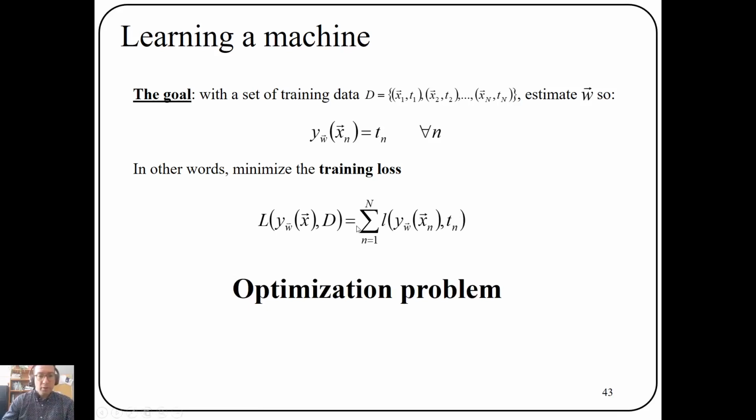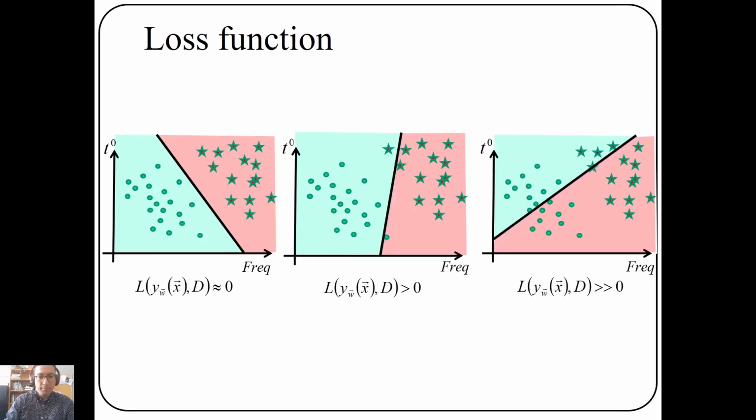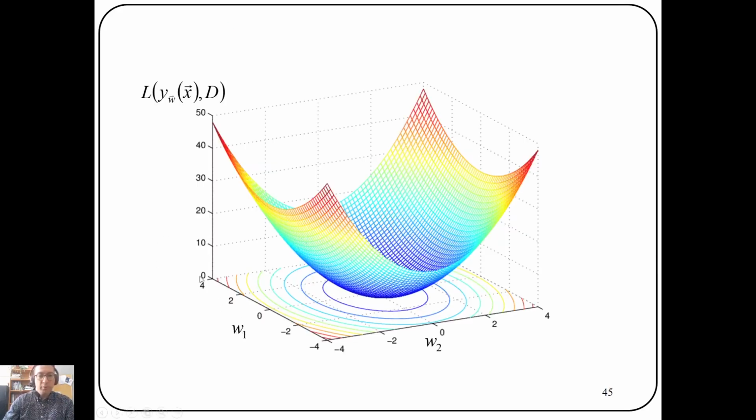Now, if we want to do this, we have to solve a so-called optimization problem. Again, considering the fact that a loss function is low for a good solution and large for a bad solution, and a good and a bad solution are all linear solutions, but with different weights W. I took a very simplistic case where we would have only two parameters in our model, and for each possible combination of parameters, we would compute the associated loss.